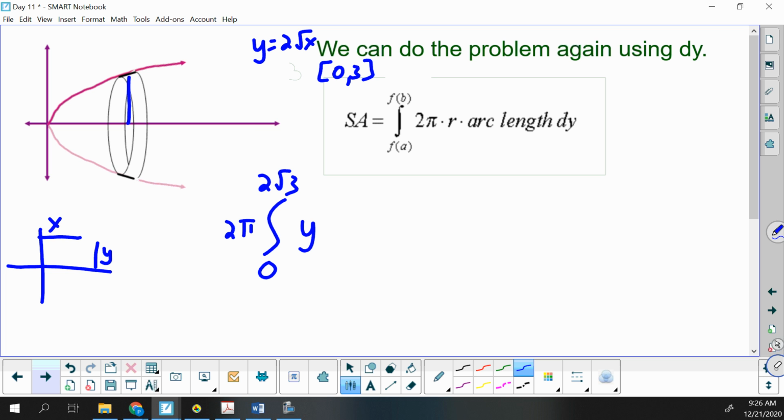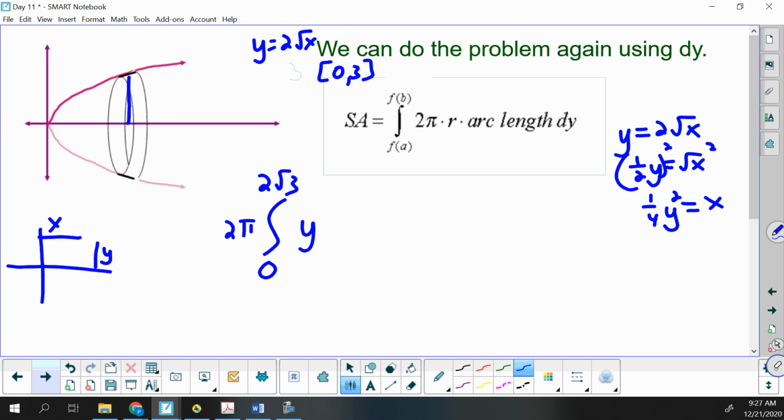For our arc length, we need to get our function in terms of y. So in other words, x by itself. So we can divide the 2 over and then square both sides, and we'll get 1/4 y squared is equal to x.